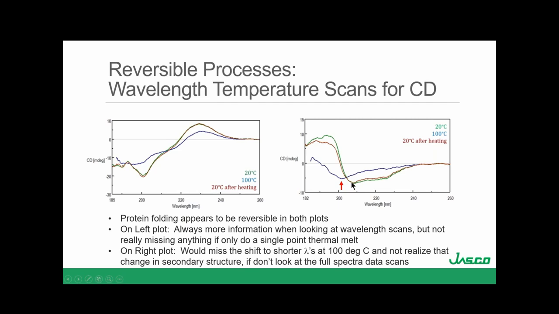And if we were just monitoring standard wavelengths for the single point melts, we would not realize that there was this shift to shorter wavelengths at 100 degrees and not be aware of that change in secondary structure. So the full spectral scan data is really powerful.